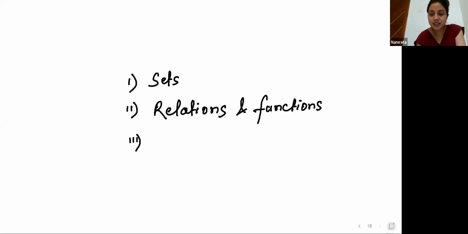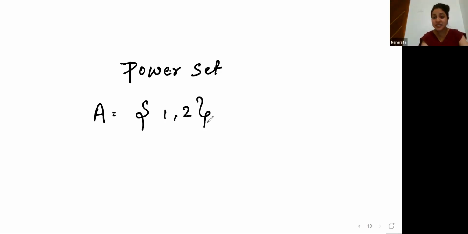So the next one is power set. Suppose we are having set A, which has two elements, 1 and 2. If we list down all the possible subsets of this set, then that collection of all possible subsets of the given set will be the power set.